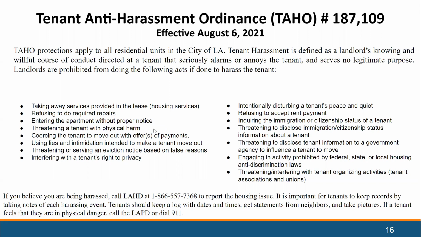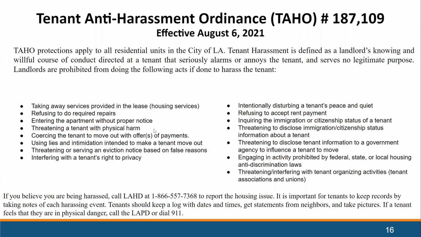If a tenant believes that they have been harassed by their landlord, they can file a complaint with LAHD by calling us at area code 866-557-7368. Once again, that number is area code 866-557-7368.